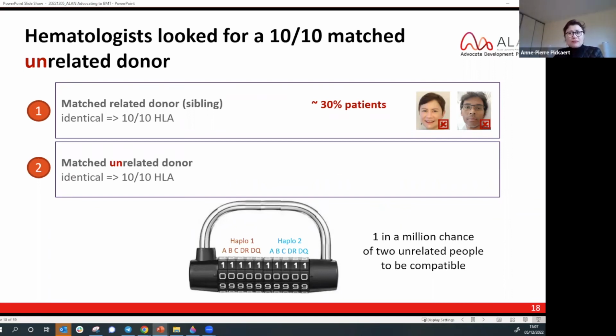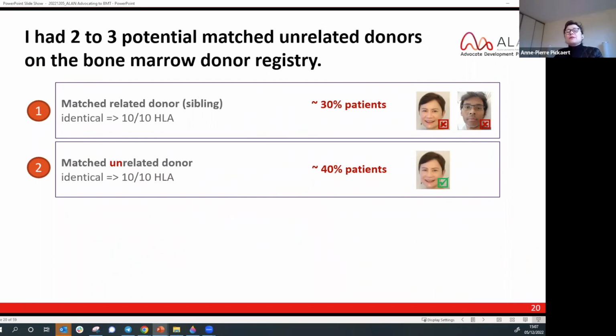It's really tricky, but 40% of patients in need of a bone marrow transplant do find a donor. I had 2 to 3 potential donors, and I didn't realize at the time how lucky I was. I didn't understand that there was unequal access. And Tiana had none.